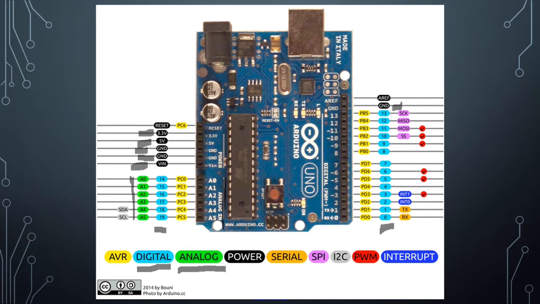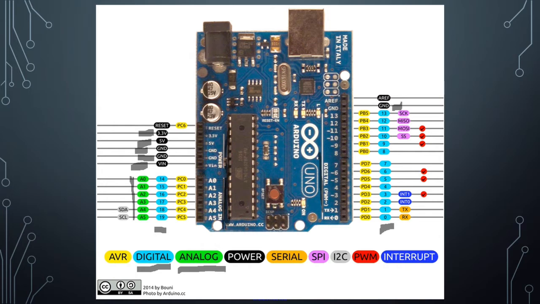They come labeled as analog pins. They have an A in front to remind us that it's an analog. Up here in the power section, it's grouped together as power. And then your digital pins, everything on the right side is all digital, and so that's labeled accordingly.